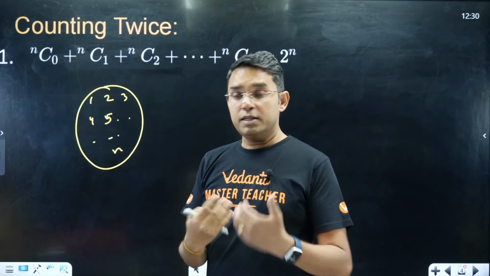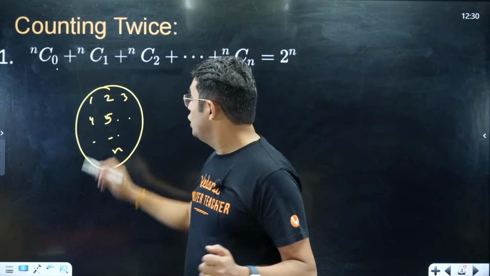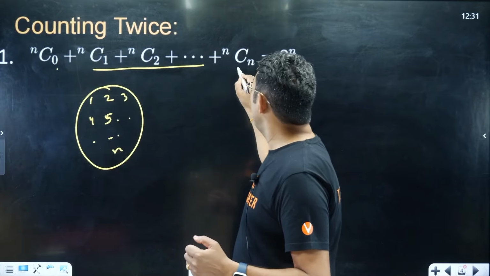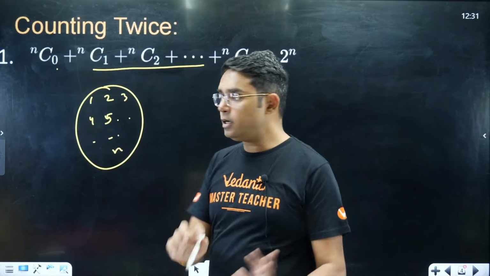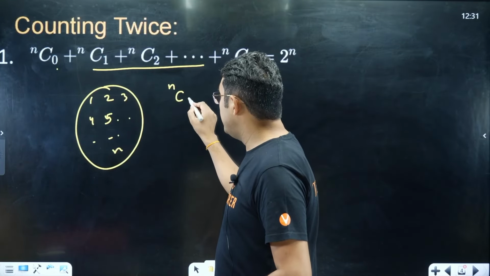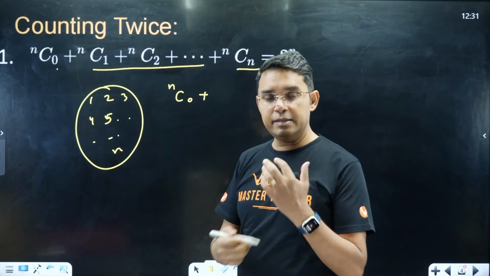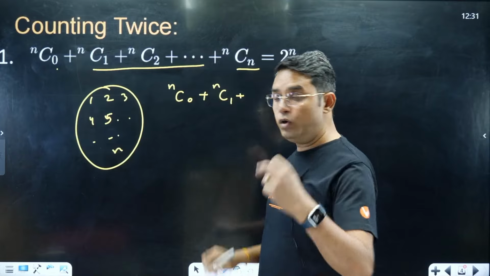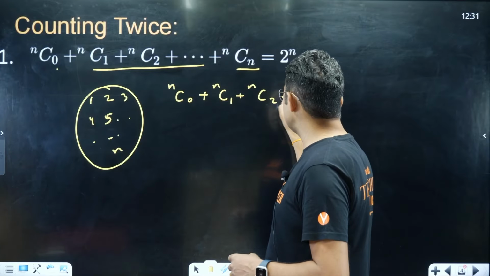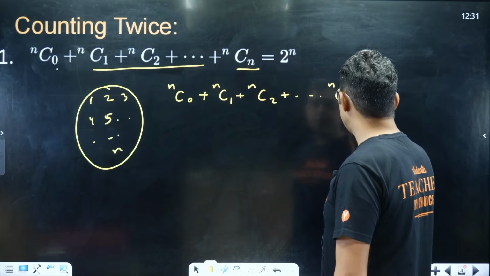This gives you the idea that we are selecting none, or some elements, or all elements. So when I am selecting no element, it will be done in just one way, that is nC0. If I select just one element, it will be nC1 ways. If you select two elements, it will be nC2 ways and so on. And if you want to select all of them, it will be nCn ways.